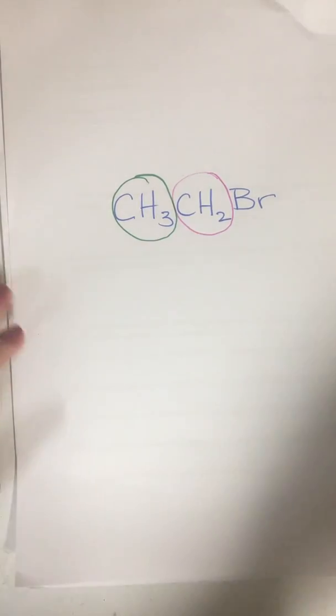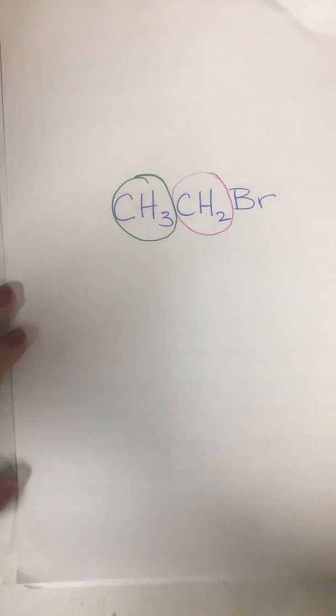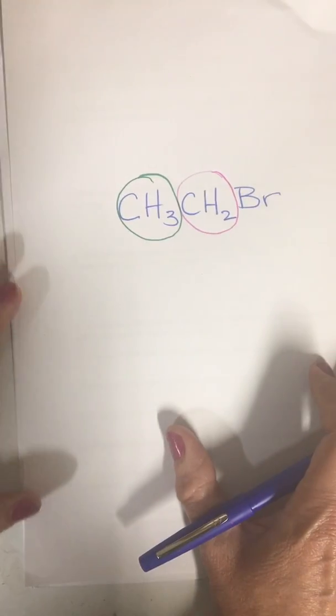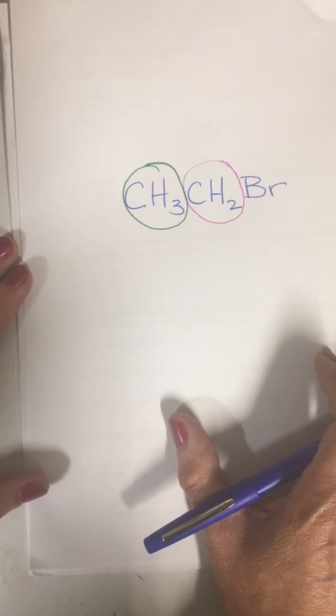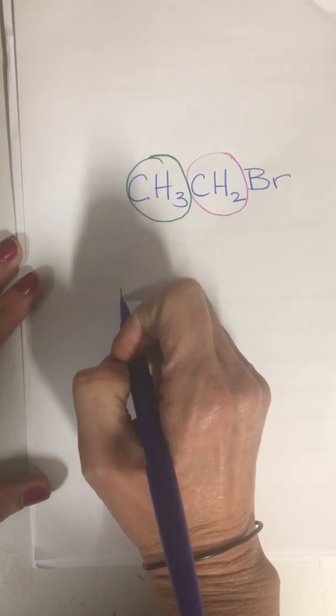What we didn't get to cover yet in lecture is the splitting pattern of signals. That has to do with how many equivalent neighbors a group of hydrogen has. It's called the N+1 splitting rule. Let me write that down.